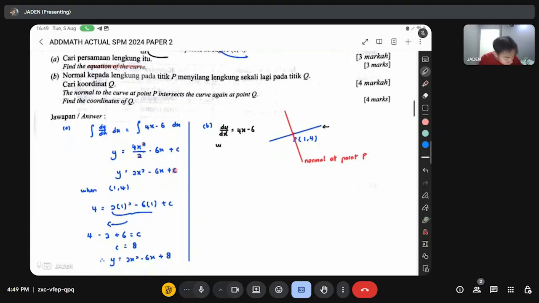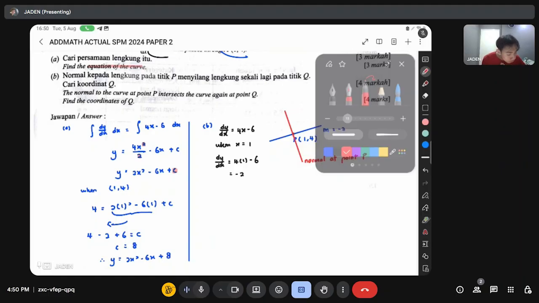So when x is equal to 1, dy/dx is 4 times 1 minus 6, and you end up with negative 2. So the blue line has a gradient of negative 2.